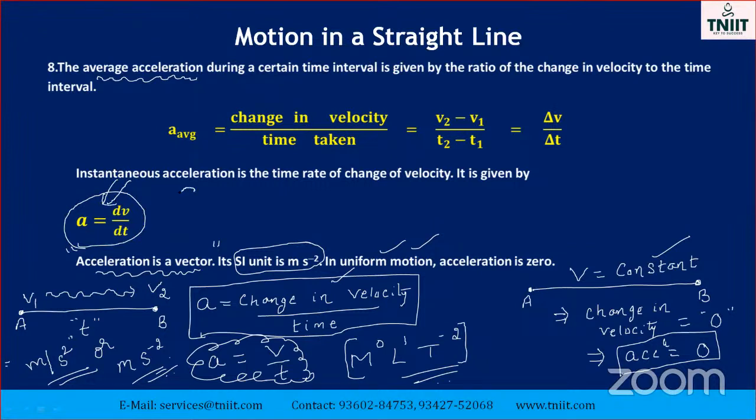That instantaneous acceleration is given by which formula? It is the rate of change of velocity, denoted with dv by dt. Instantaneous acceleration is the one where we define the acceleration for that moment.